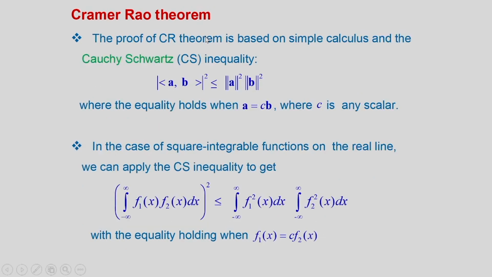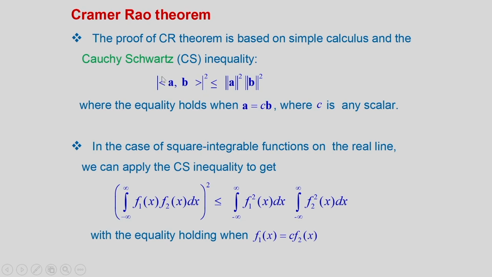We will try to prove this theorem. The proof of the theorem is based on simple calculus and the Cauchy-Schwarz inequality. That is a very important inequality. We have discussed this earlier, and this inequality is given by inner product.